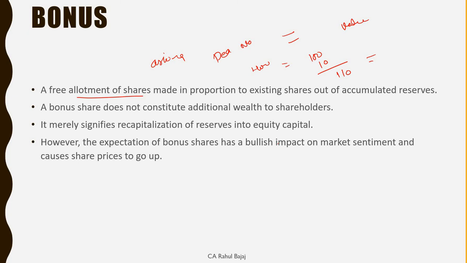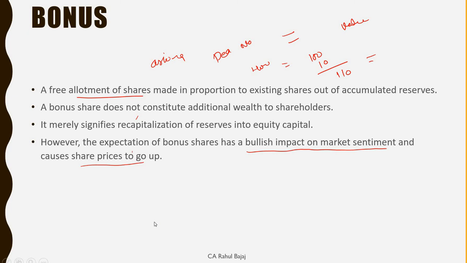However, whenever the company issues bonus shares, that has a bullish impact on market sentiment and causes a rise in share price. See what happens. Simple. When a company is having reserves, what will they do?